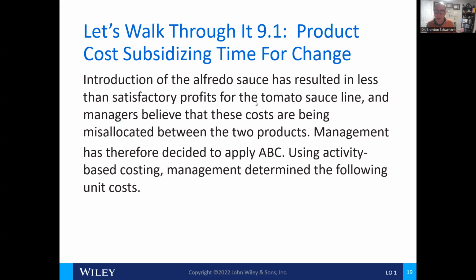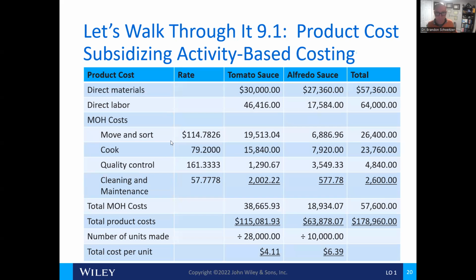Since we now have the two products, tomato sauce and Alfredo sauce, being manufactured at this company, management decided to apply activity-based costing, which, as we know, is more useful. So let's take a look at the data. Direct materials and direct labor, of course, are the same.